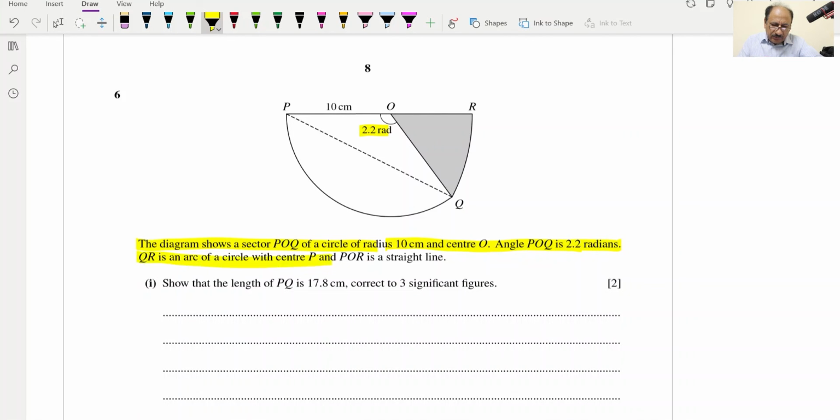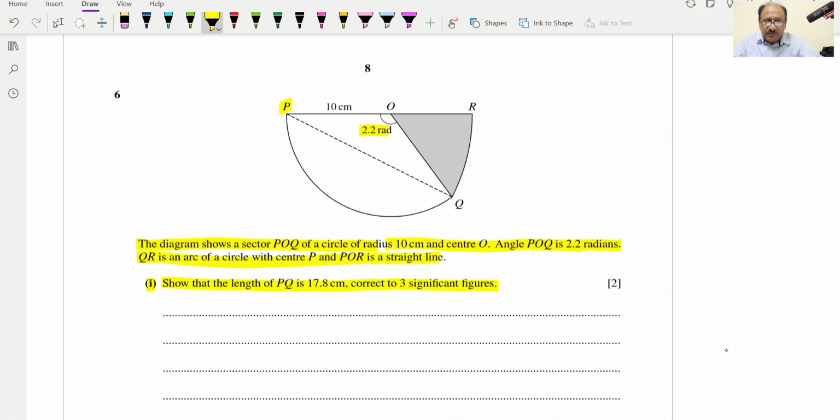And QR is an arc of a circle with center P. So this arc is having center, this one P. So this will be the complete sector for this arc. You should understand this point. Hopefully you understood this.